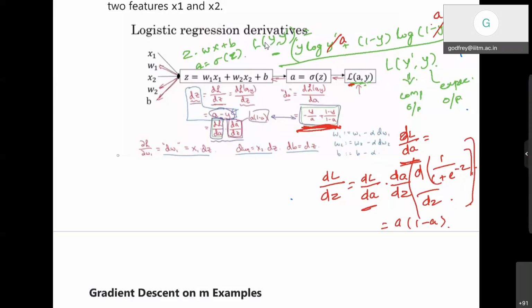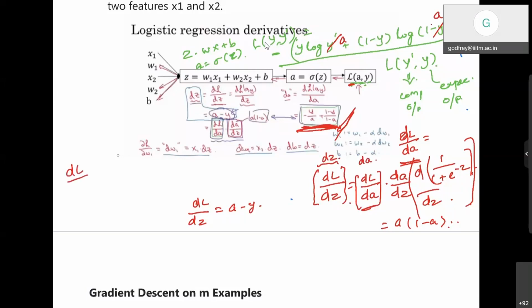Right? So you can simplify and check whether this is the same. So now if you multiply this one and this function, then for dl by dz you get a minus y. Another thing that we need to note is, you normally write dl by dA as dA.